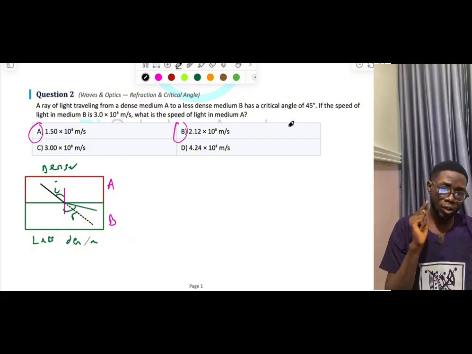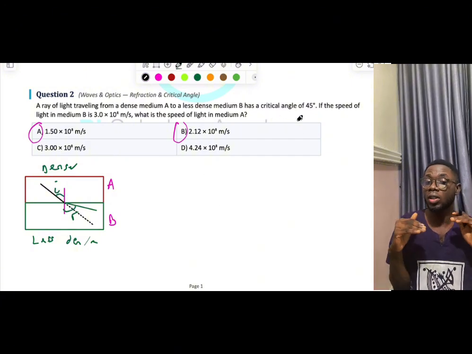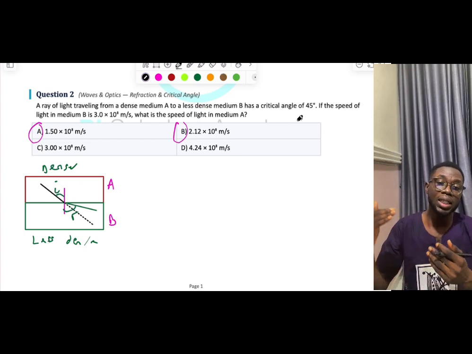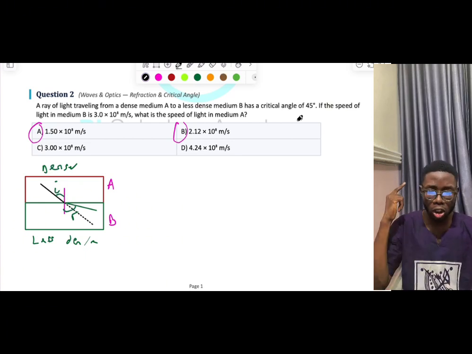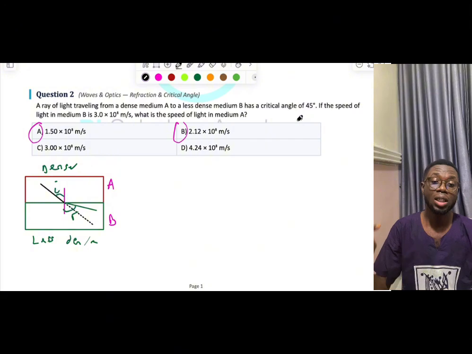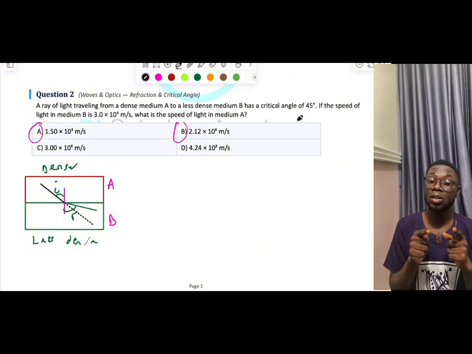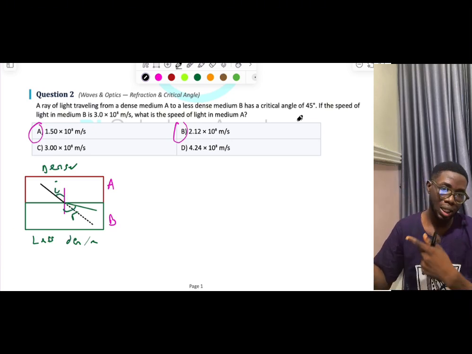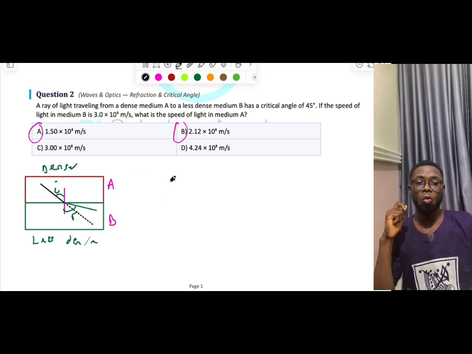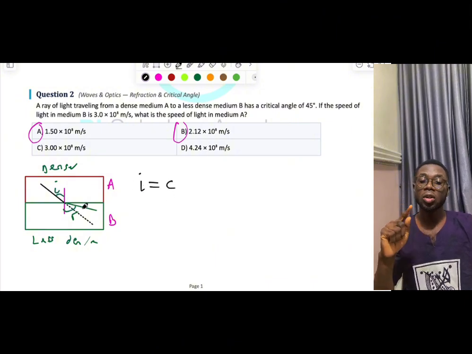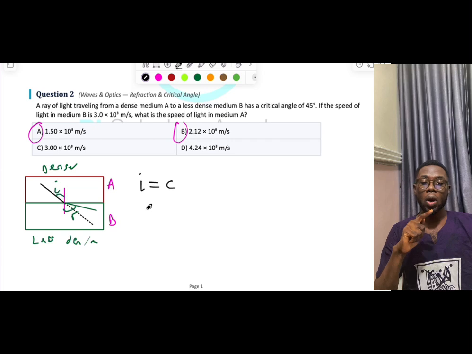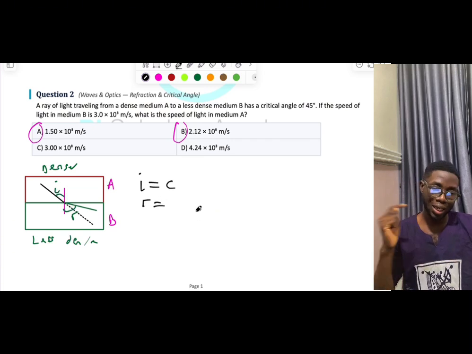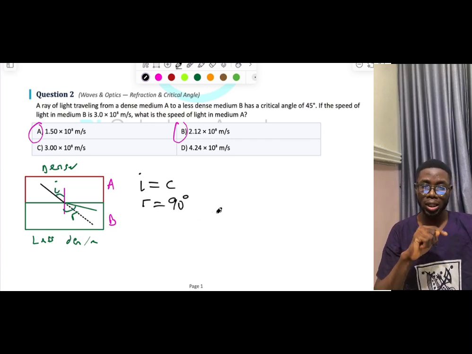The problem talks about critical angle. Actually, you cannot have a critical angle if you're not traveling from a dense medium to a less dense medium. The concept of critical angle does not make sense otherwise. Critical angle is the angle of incidence you get to before you attain total internal reflection. So critical angle is a special angle of incidence when the angle of refraction in the less dense medium is equal to 90 degrees.